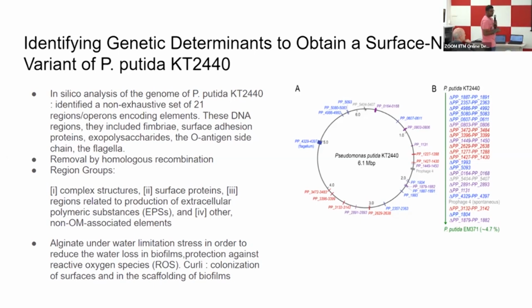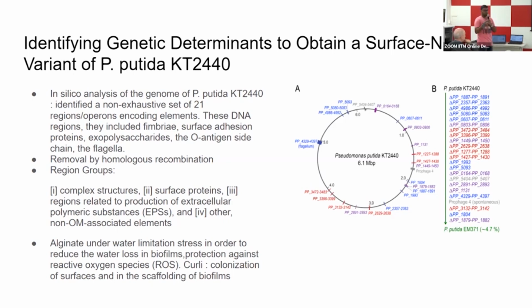That 4.7% represents the genome reduction, so compared to the parent strain, there is a genome reduction of 4.7%. These are the region groups they focused on: complex structures, surface proteins, regions related to production of extracellular polymeric substances, and non-OM associated elements. OM means outer membrane.